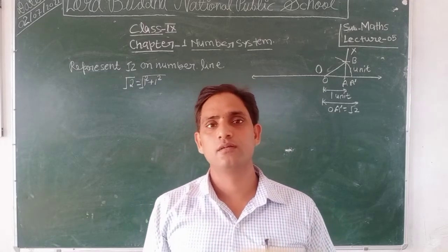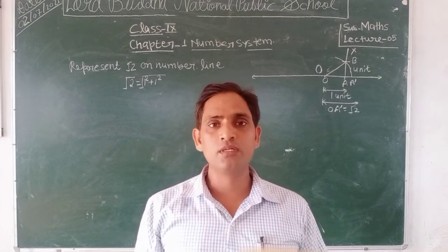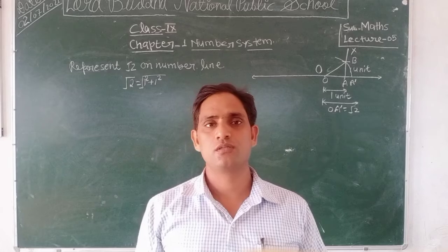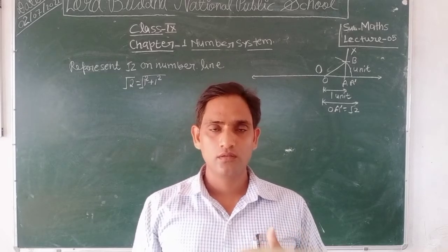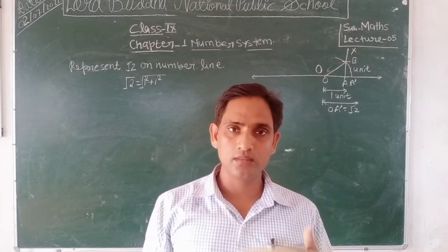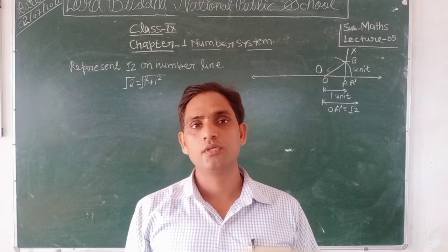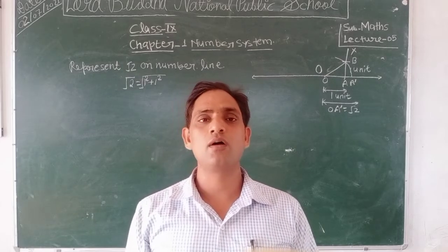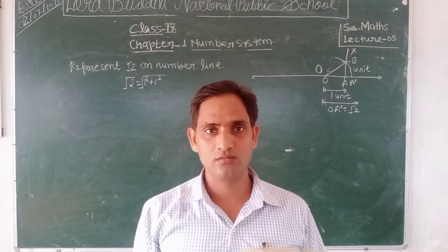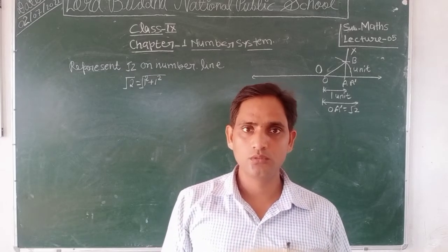After that, we write the given number which we have to represent on this number line as the sum of squares of two numbers, as in the case of root 2.